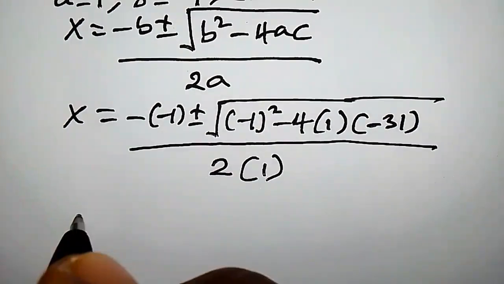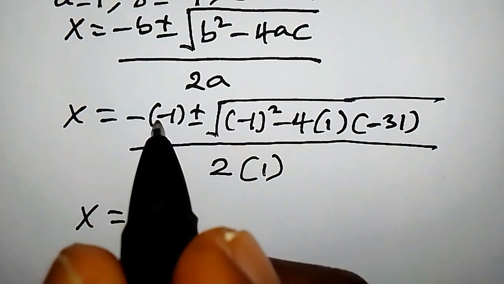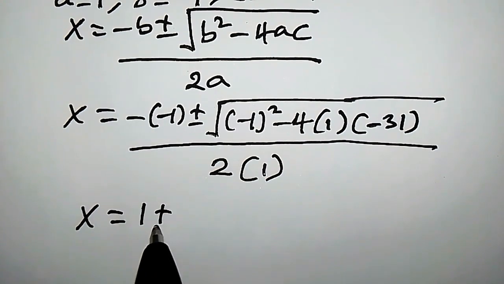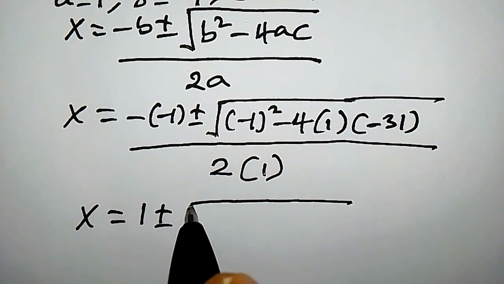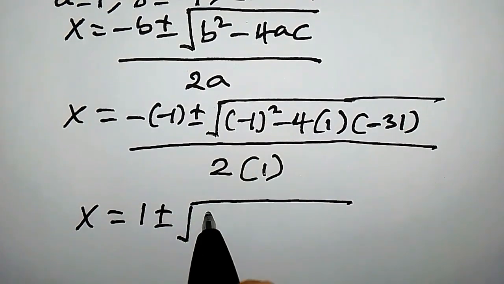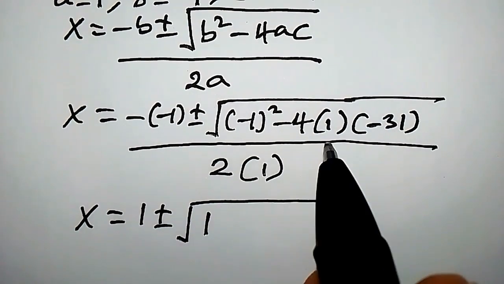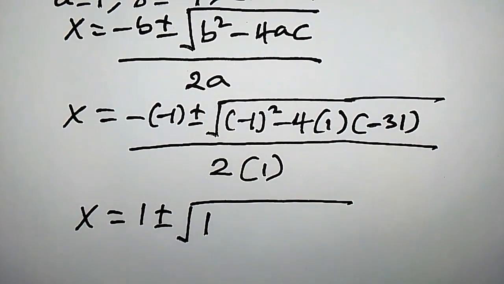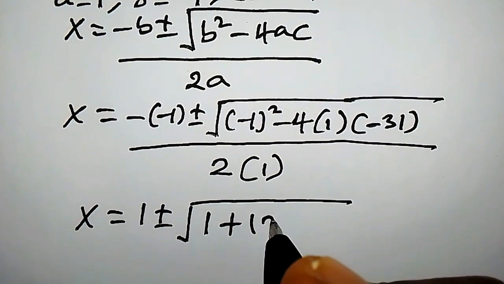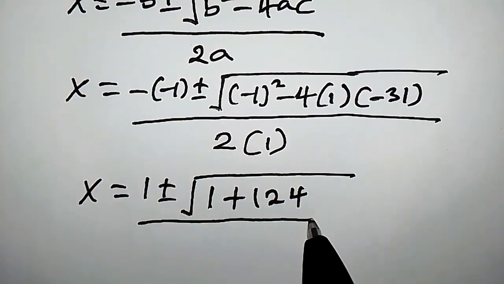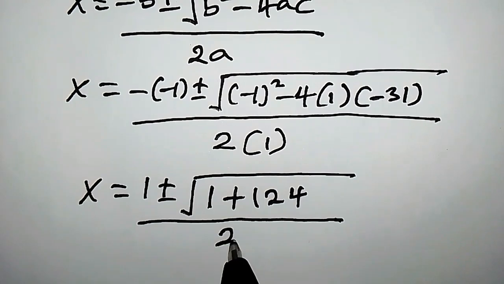Let's proceed further. x is equal to minus times minus 1, that is 1, plus or minus square root of minus 1 all squared, that is simply 1, minus 4 times 1 times negative 31, which is plus 124, divided by 2 times 1, that is simply 2.